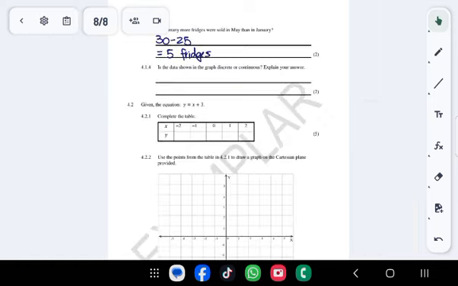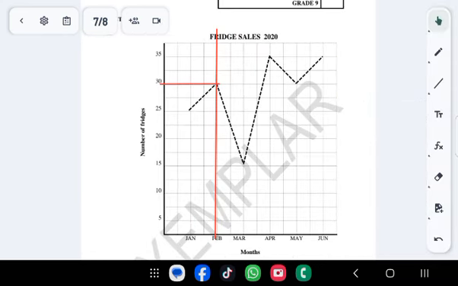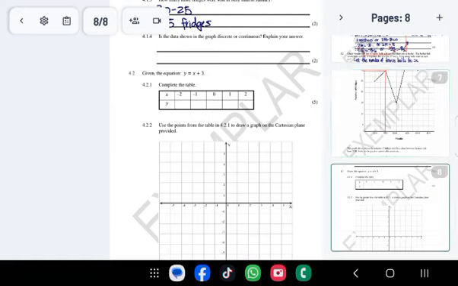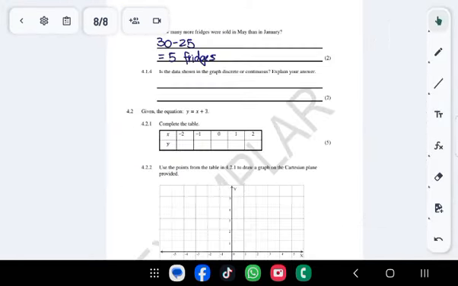Is the data shown in the graph discrete or continuous? Explain your answer. Now, there is no way it can be continuous. It has to be discrete because you can count the number of fridges one by one. So that's why it is a discrete number.